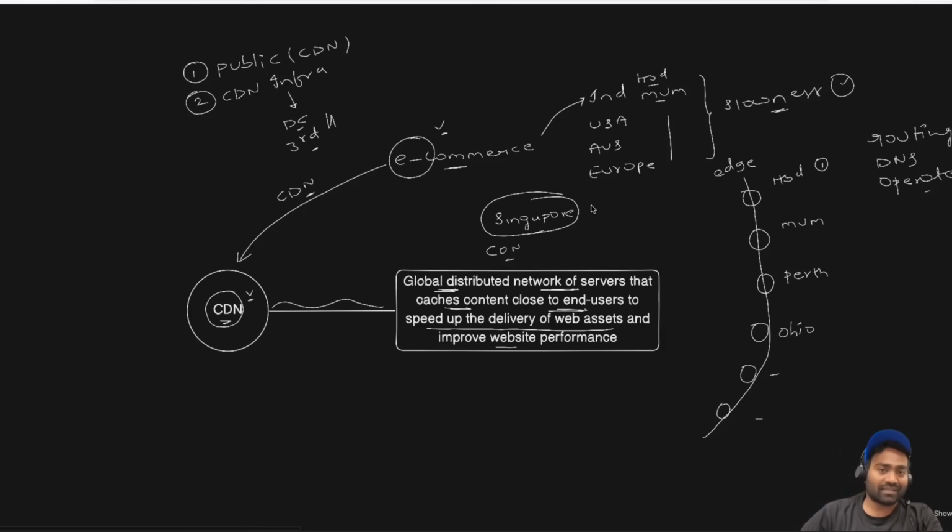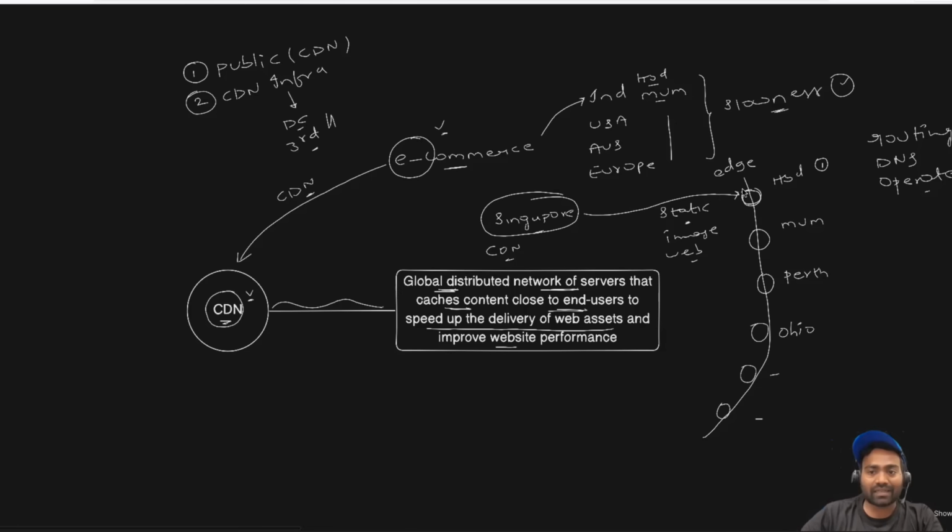what CDN does is that while providing the user with the website information, it actually caches the static content. It can be images related to the website or any kind of web assets.